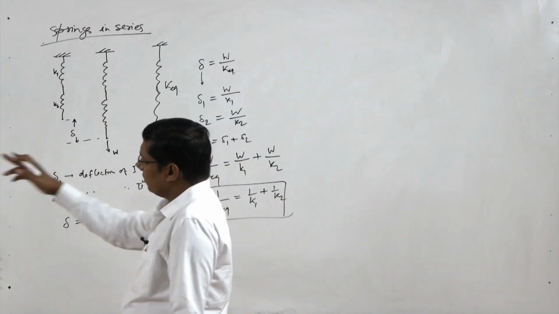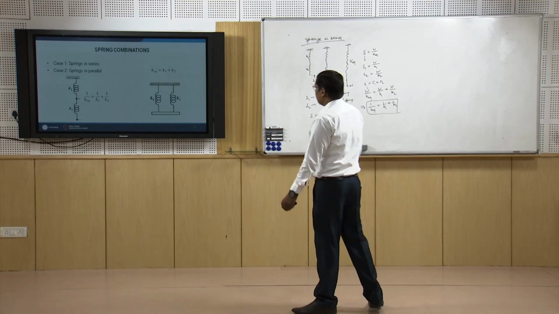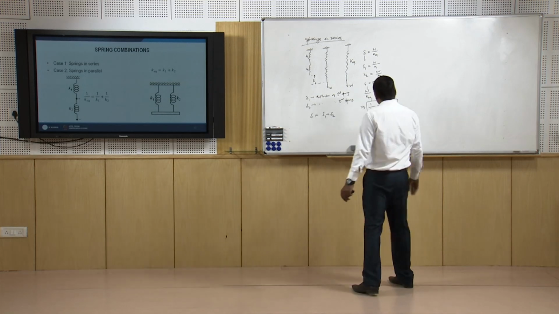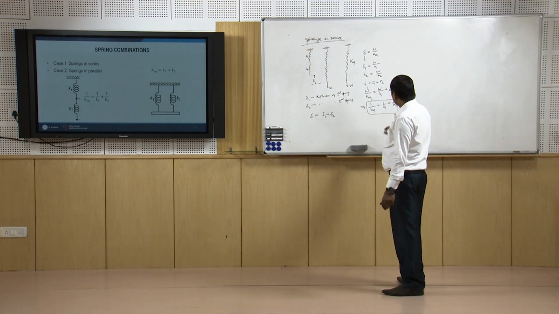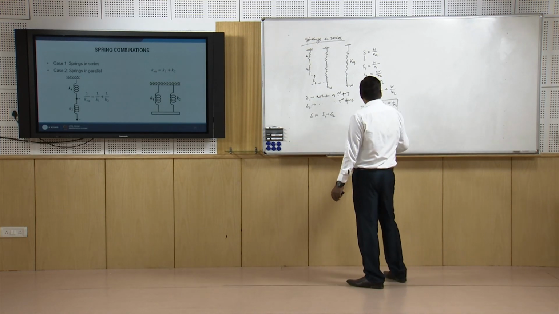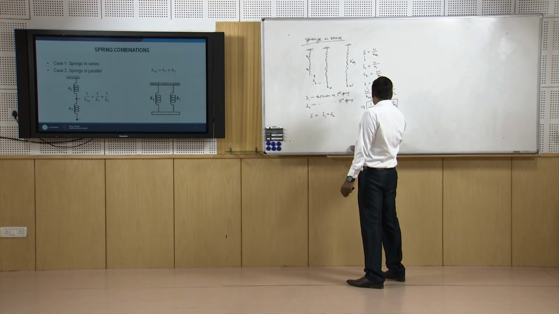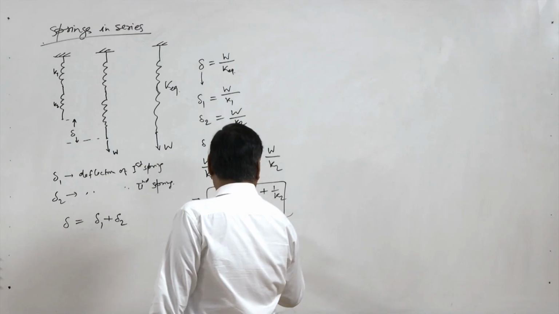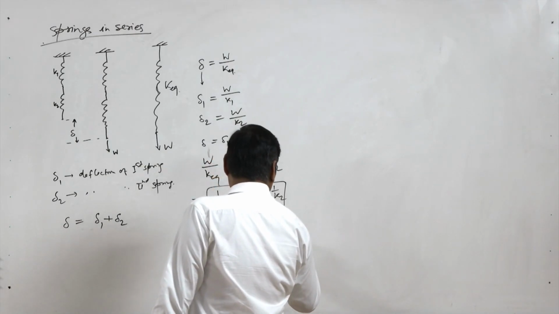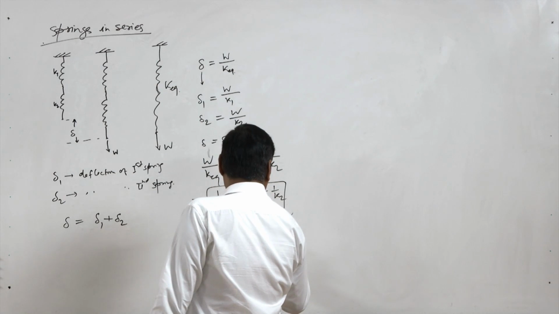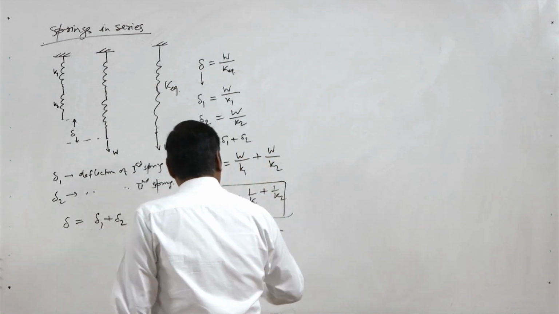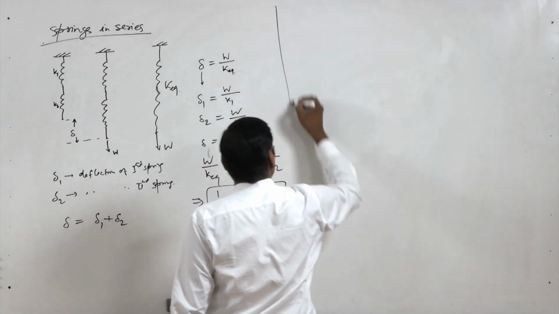This is the relation for springs in series: the reciprocal of the equivalent stiffness is equal to the sum of the reciprocals of the stiffnesses of the springs. A general expression is sigma 1 by Ki for i equal to 1 to n, if we have n springs.